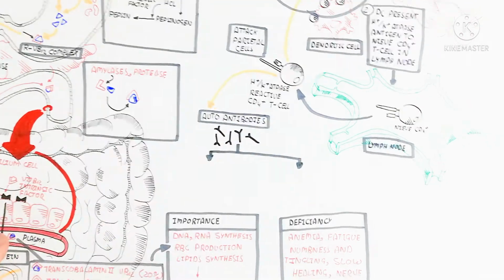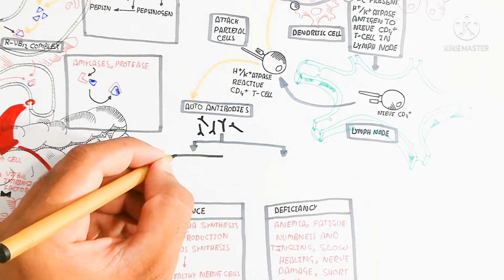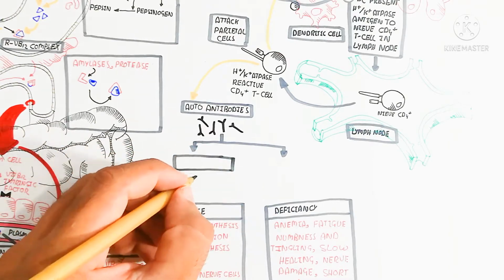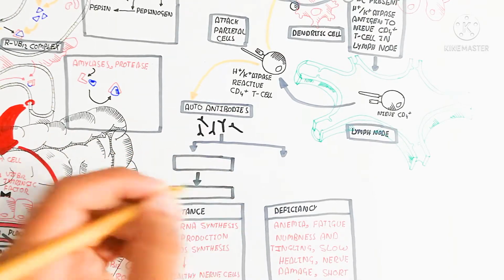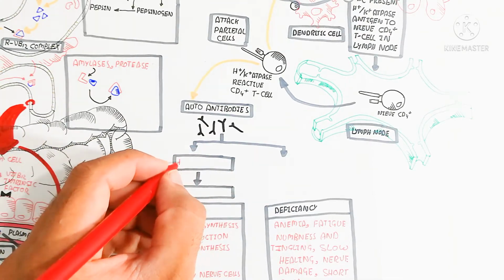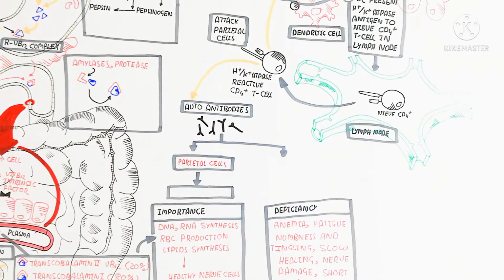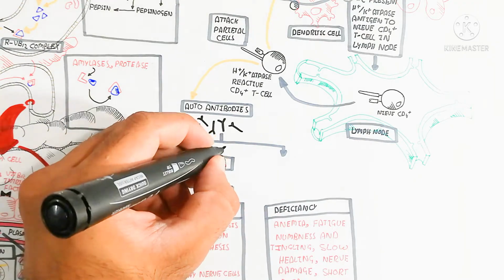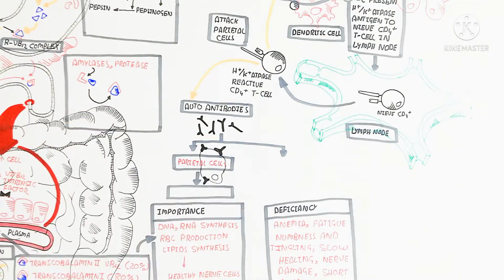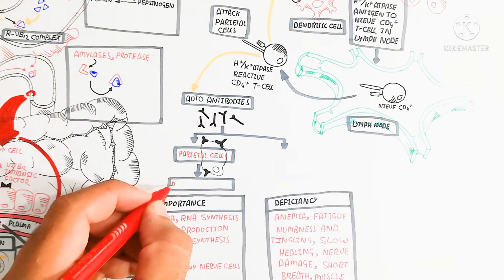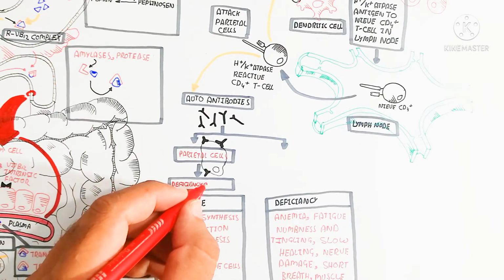Why? Because intrinsic factor will not be produced either. On the other hand, the intrinsic factor receptor can also be a target of the autoimmune disorder, collapsing it as well as decreasing its affinity for the absorption of vitamin B12.